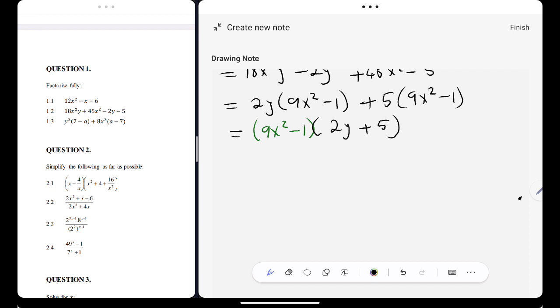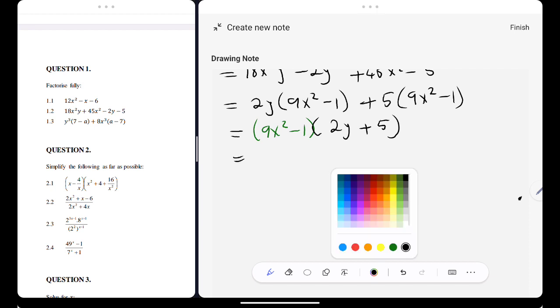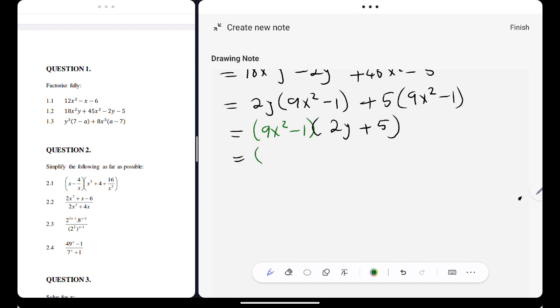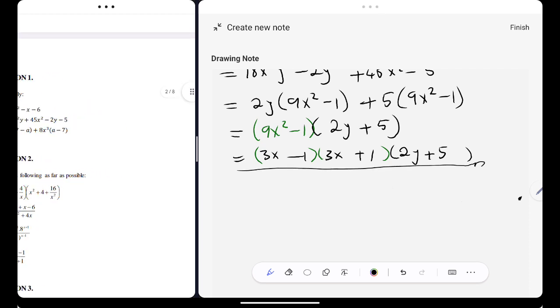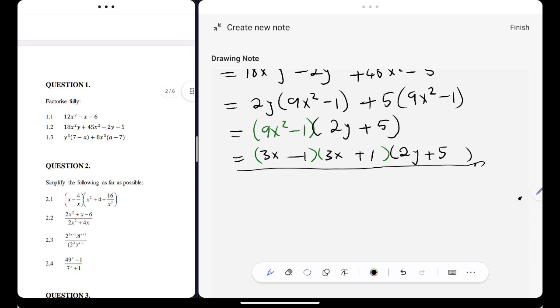But I can further factorize the 9x squared minus 1 because it's a difference of 2 squares altogether. This guy here will give me 3x, 1 and 1, minus and plus. This is 2y plus 5. Now I factorize fully. This was just 3 marks.